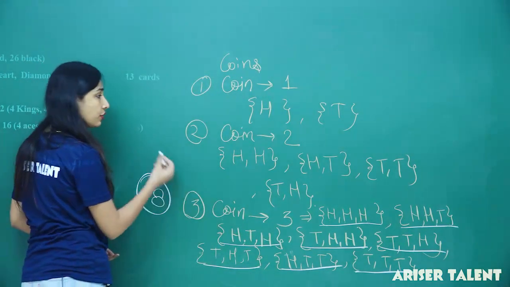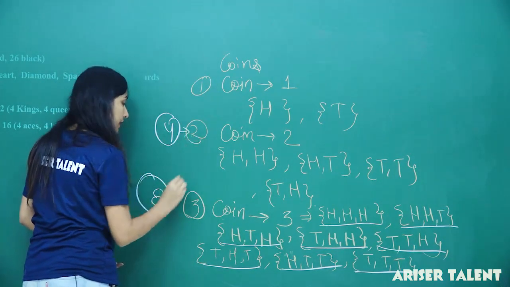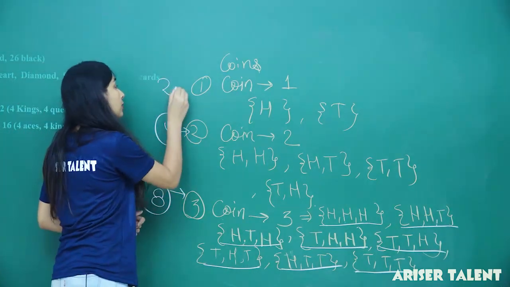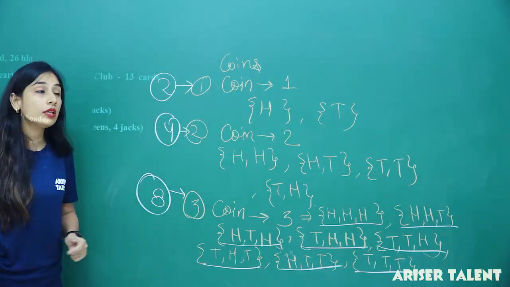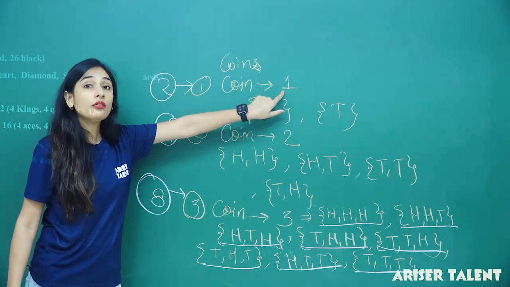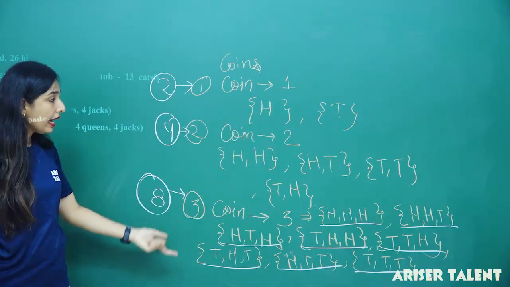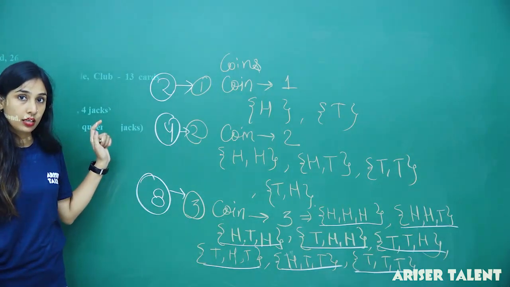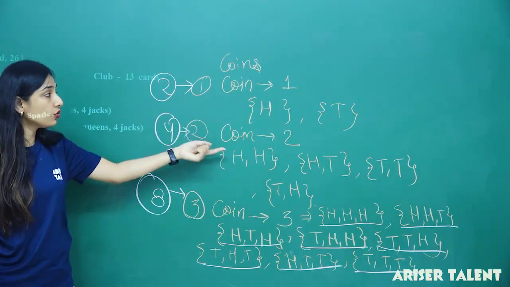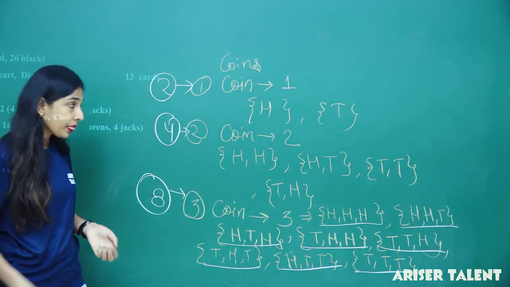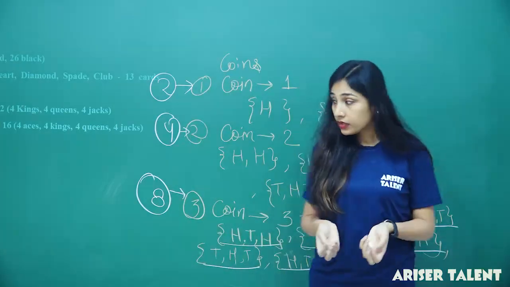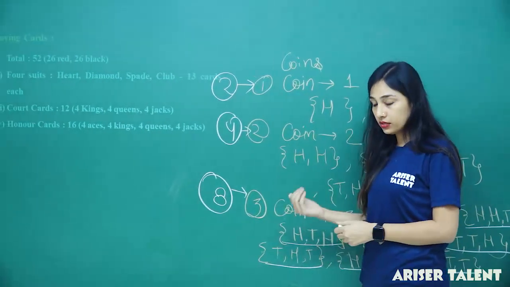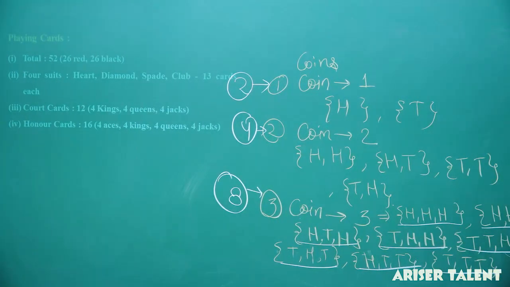There are 1, 2, 3 and 4 outcomes in the case of 2 coins tossed, and there are 2 total outcomes when we are tossing 1 coin. So why am I telling you this? Because you have to use it directly in your questions if you're given 1 coin, 2 coin or 3 coin situations. Okay. Now students, this is about the coin and the card. Now note this. Okay, just note this and we'll talk further.